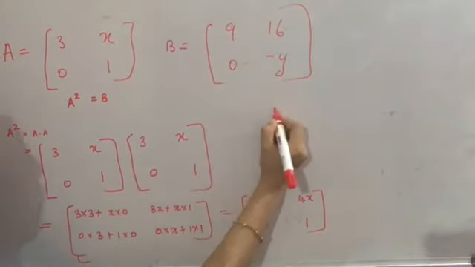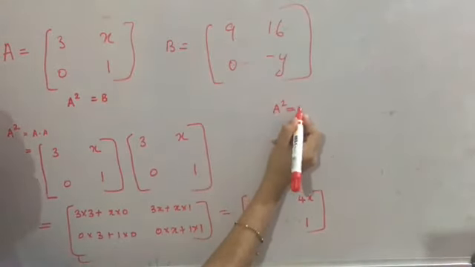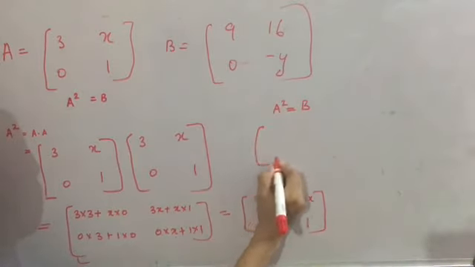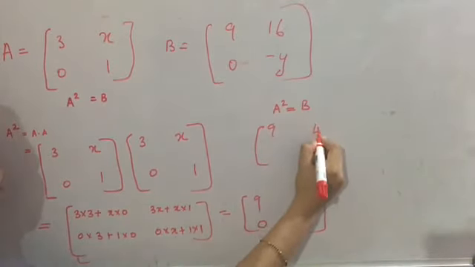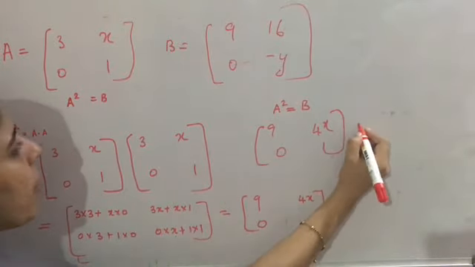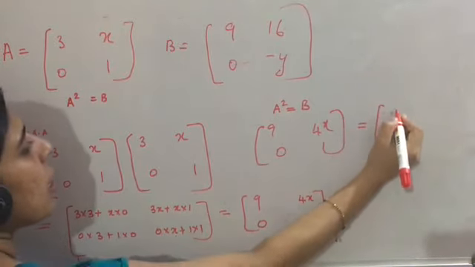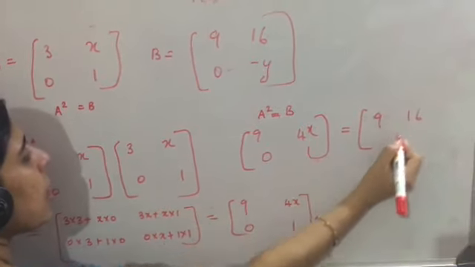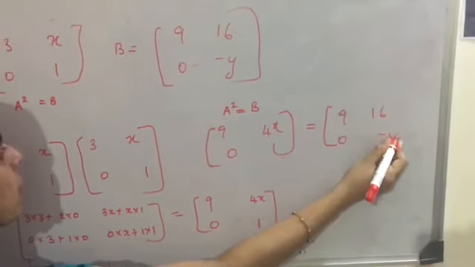So you get A square equals B. So A square is [9, 4x; 0, 1]. That is equal to B. B is [9, 16; 0, -y].